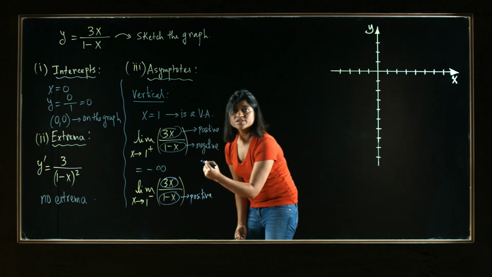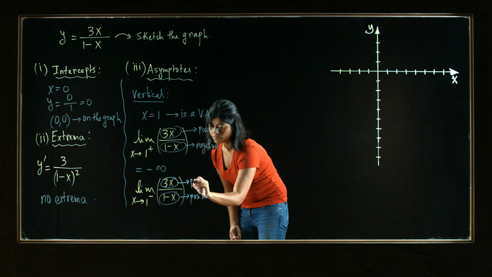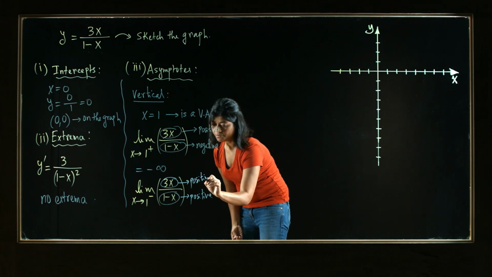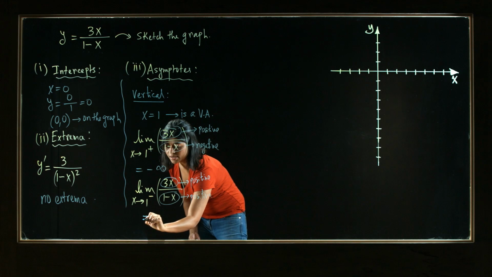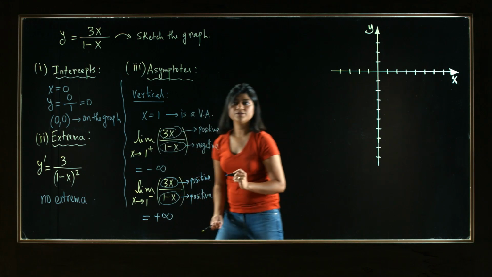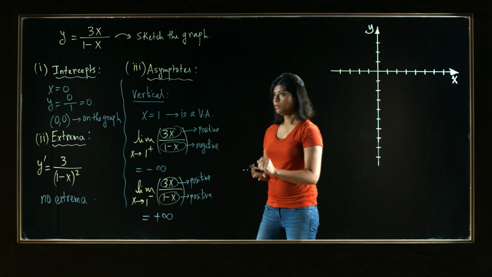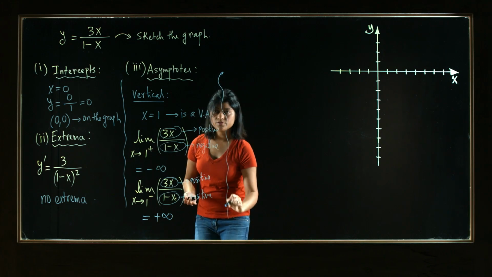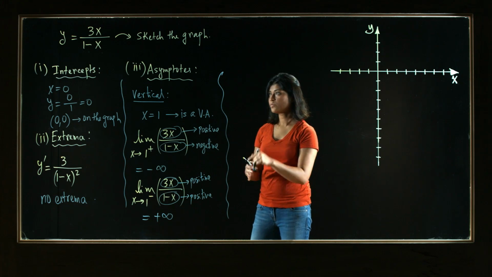And notice the numerator will still be positive when x is taking values close to 1. And therefore, this expression will give you a positive number, which means the limit is positive infinity as x approaches 1 from the left side. Okay, so that's how the function behaves around x equals 1, the vertical asymptote.